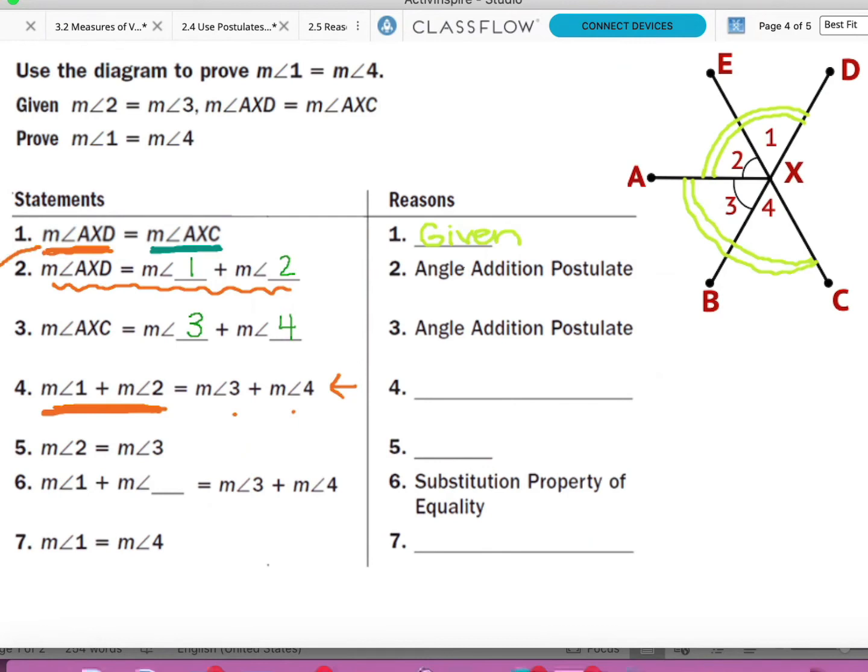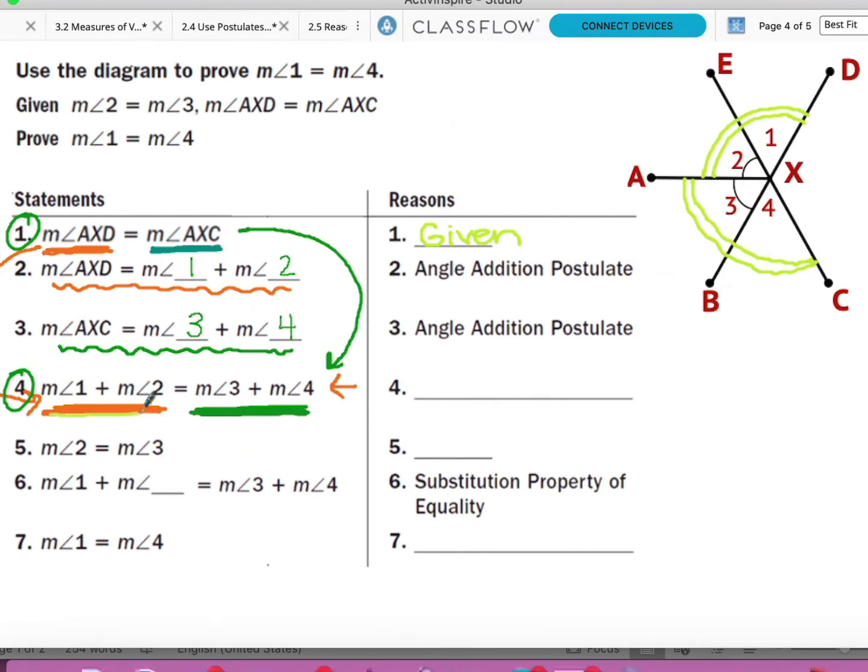The 1 plus 2 came from the AXD. And AXC was equal to 3 plus 4. So that's where this 3 plus 4 came from, was the AXC. So what happened going from step 1 to step 4? We just did a nice big replacement.